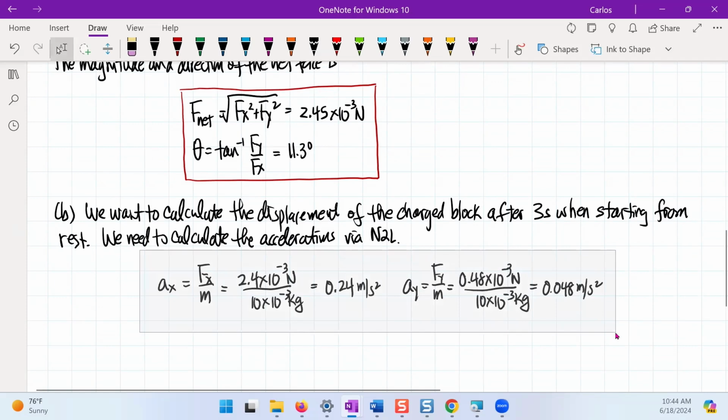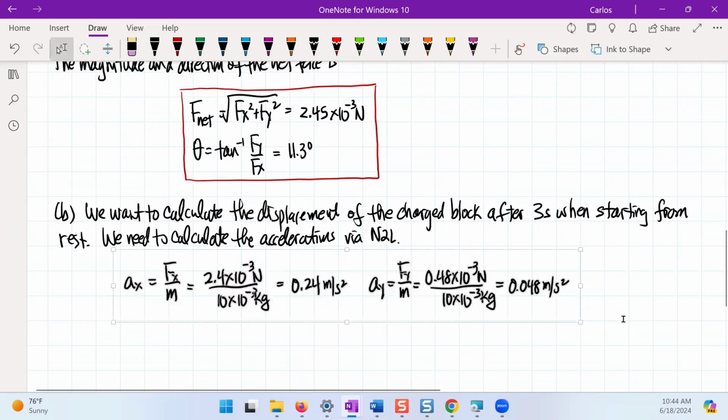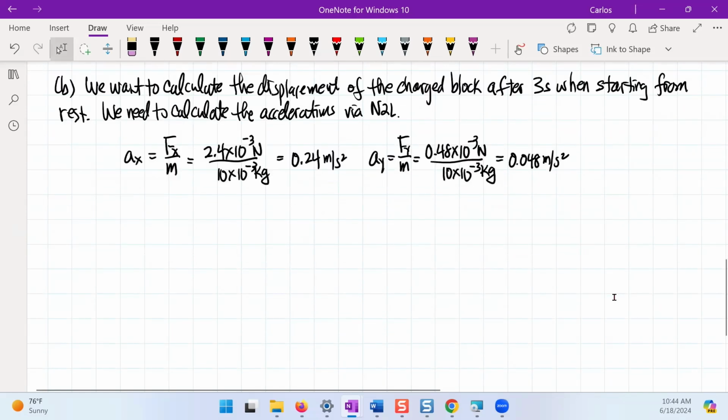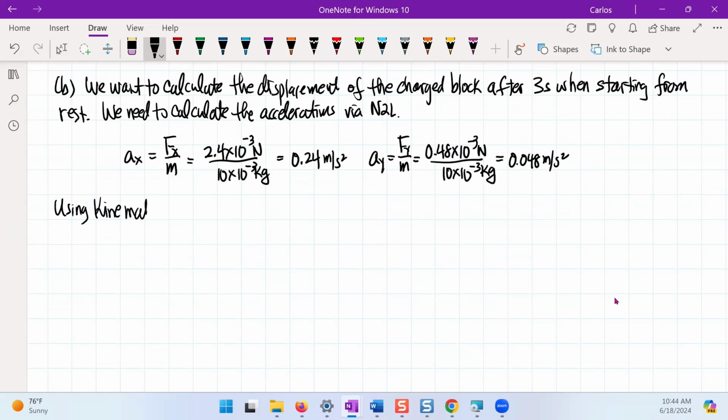So now I can use kinematics to determine the displacement.